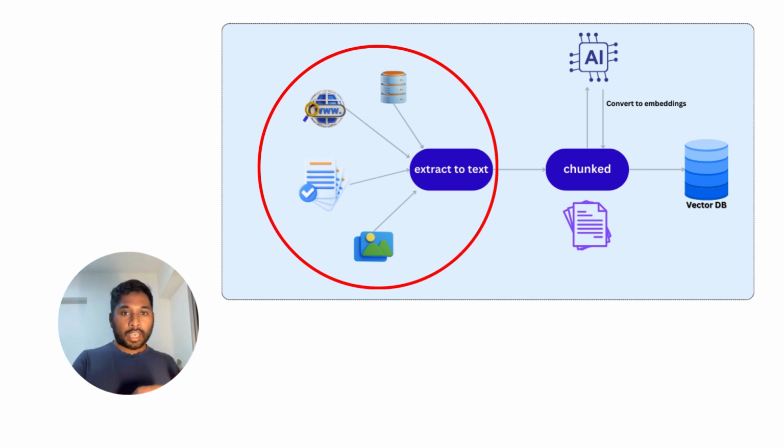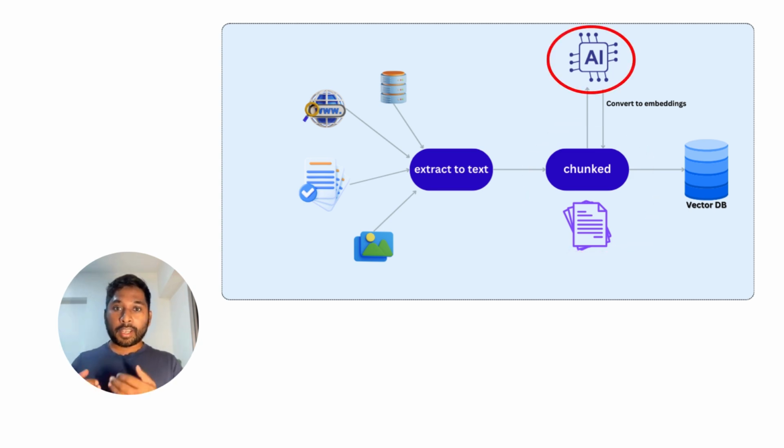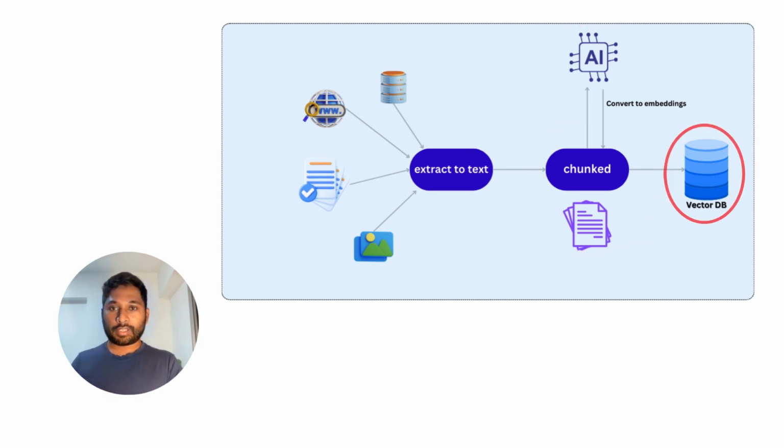First, extract all the data from the data source as text, then chunk it, create embeddings over it, and save it. Extract, chunk, create embedding, save.